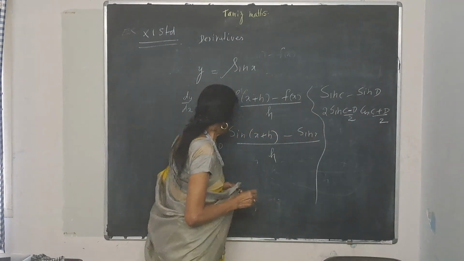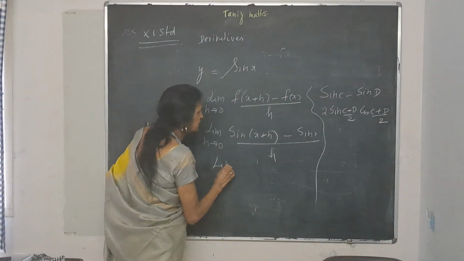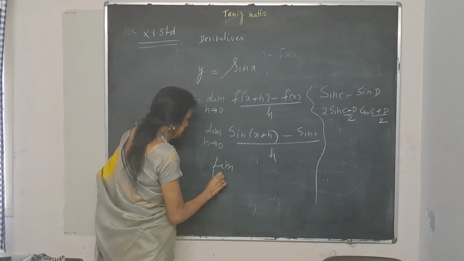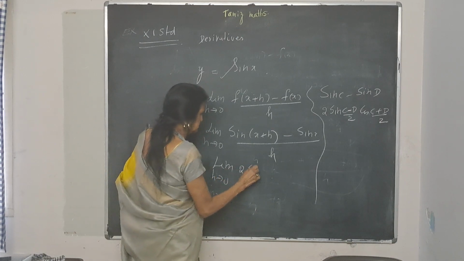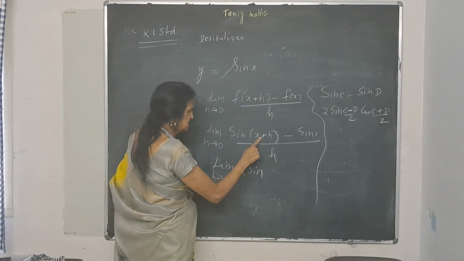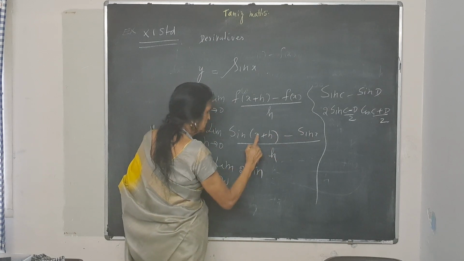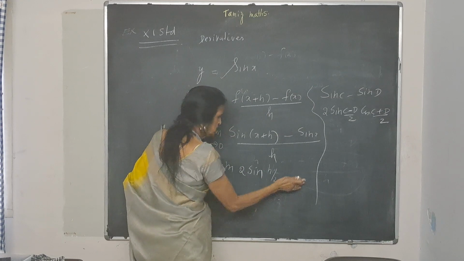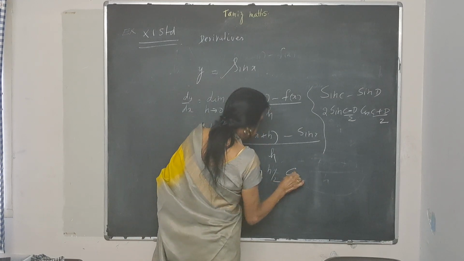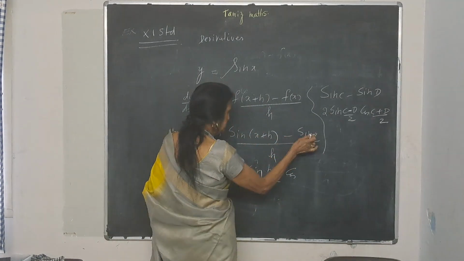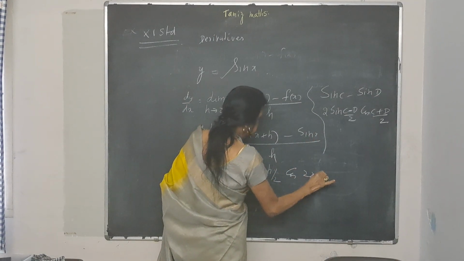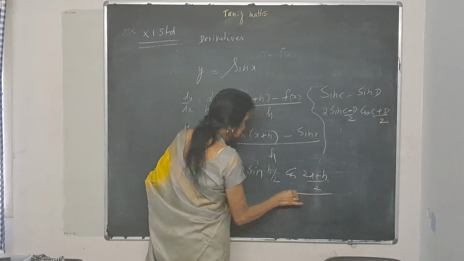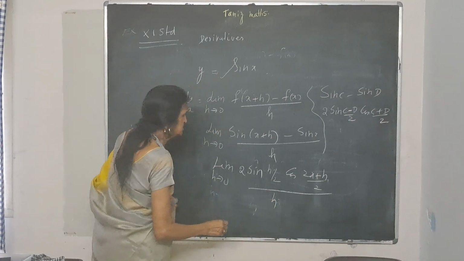So now, this is the limit h tending to 0 of 2 sin of ((x plus h) minus x) by 2, that is h by 2, and cos of ((x plus h) plus x) by 2. What is this?